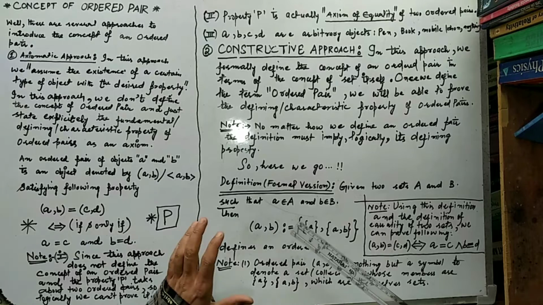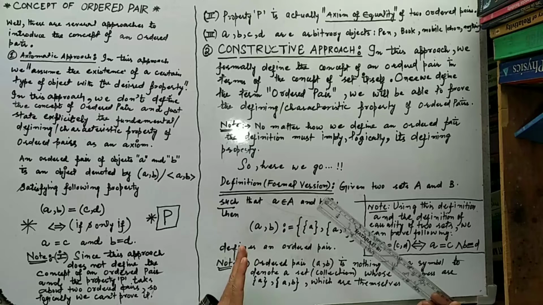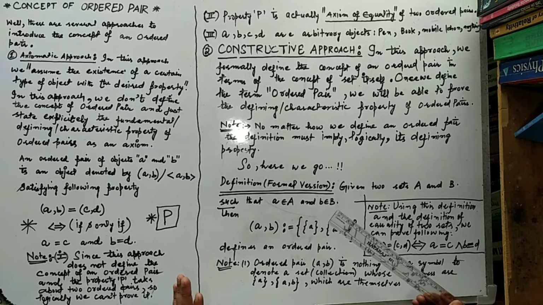The ordered pair, which we denote by this symbol, is defined as the set which consists of the elements this one and this one. And if you note, these elements are themselves sets. So this object is the symbol to denote a set whose elements are themselves sets. So an ordered pair is nothing but a set.